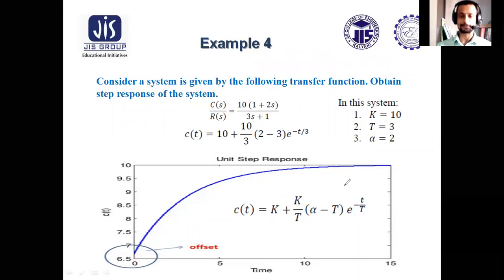So what is that offset? If we write this equation in this manner, this equation can be simplified as this.